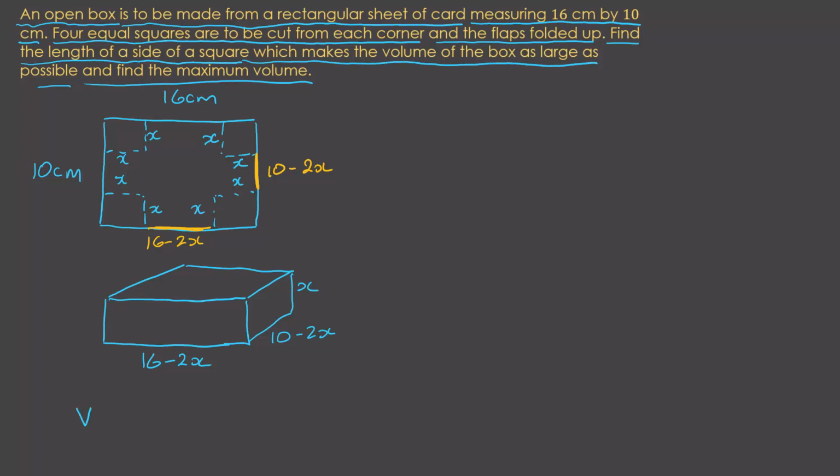And that means that the volume of the box is going to be x times (10 minus 2x) times (16 minus 2x). So V is going to be x into (160 take away 32x take away 20x plus 4x squared).